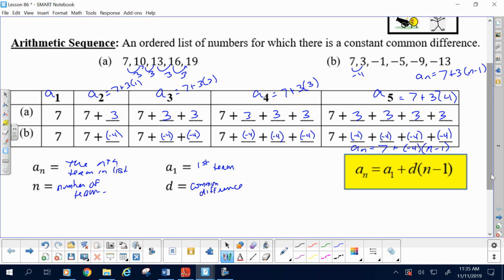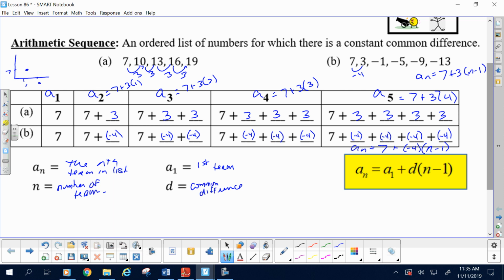Now, if I were to graph this first list, maybe off to the left in the left margin, the first term is 7, yeah?